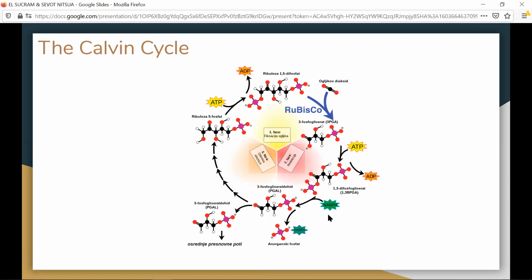Then every 3 cycles, you get enough G3P to spit one of them into your sugar and take the other 5 and recombine them into RuBP.